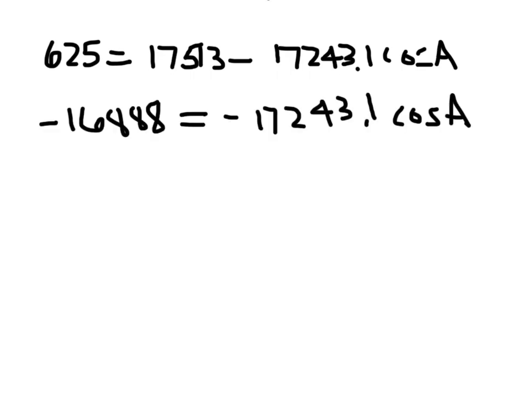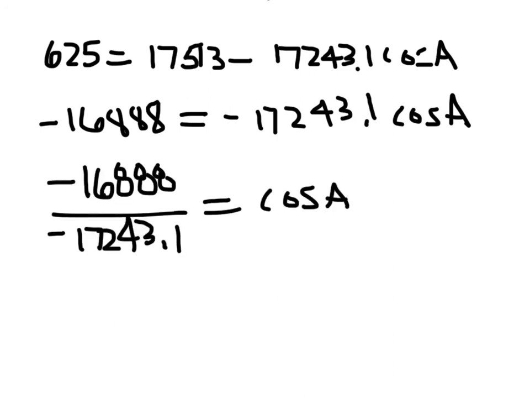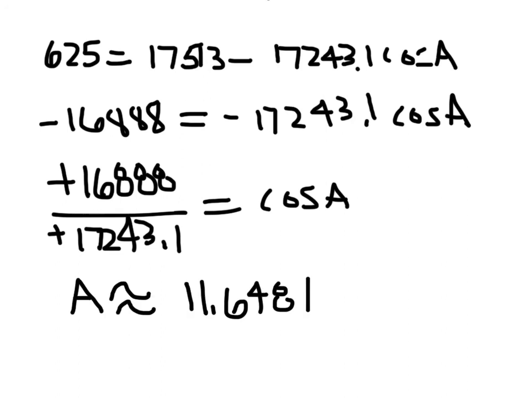Next, I'll divide both sides by the negative 17,243.1. A negative divided by a negative is a positive, so I'll change both of those to positive. And I am trying to find the angle, and so I'm going to use inverse cosine of this ratio to find angle A. The directions call for us to round this to the nearest degree, so 12 degrees.